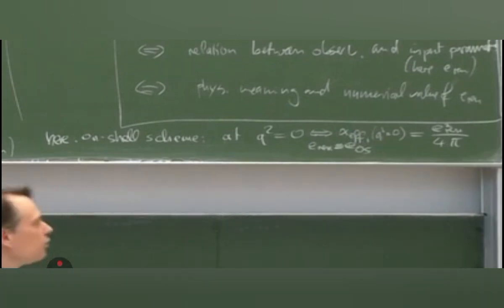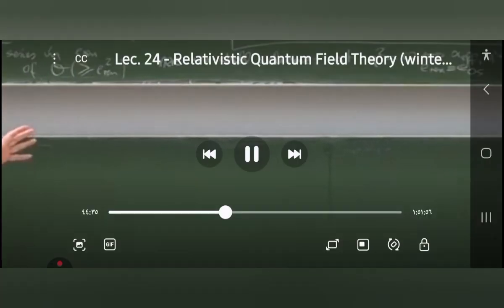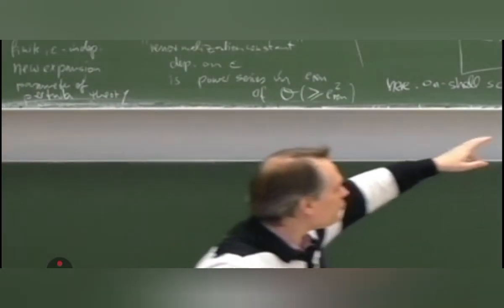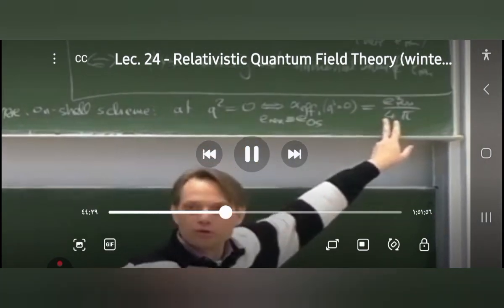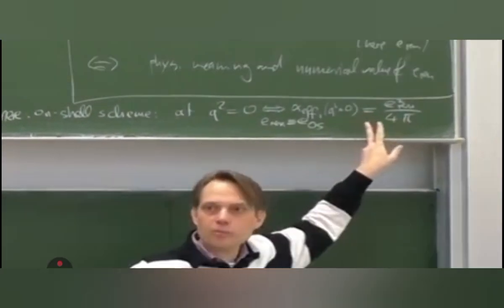So that is the name that we will use. So E_OS stands for the renormalized charge according to that specific chosen on-shell renormalization scheme. So it's basically a physical requirement. You require that the renormalized charge means the charge that you measure in very low energy experiments, like in this Thomson limit experiment.